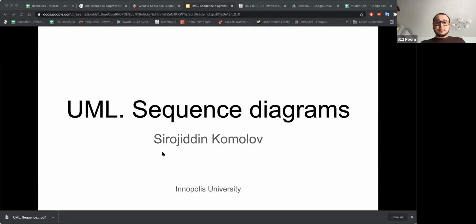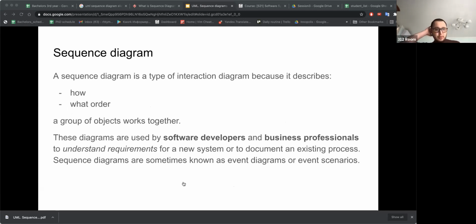Okay, so let's start with sequence diagrams. A sequence diagram is also a behavioral type of UML diagram. Basically it addresses two questions within your project: how and in what order a group of objects work together.